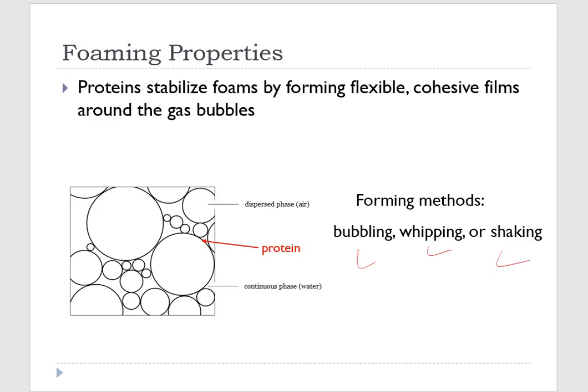Foods made up of foams are whipped toppings, meringues, ice cream, or maybe angel cakes. Foams are formed through unfolding and adsorption of the protein at the air-water interface. A film forms around the air bubbles.